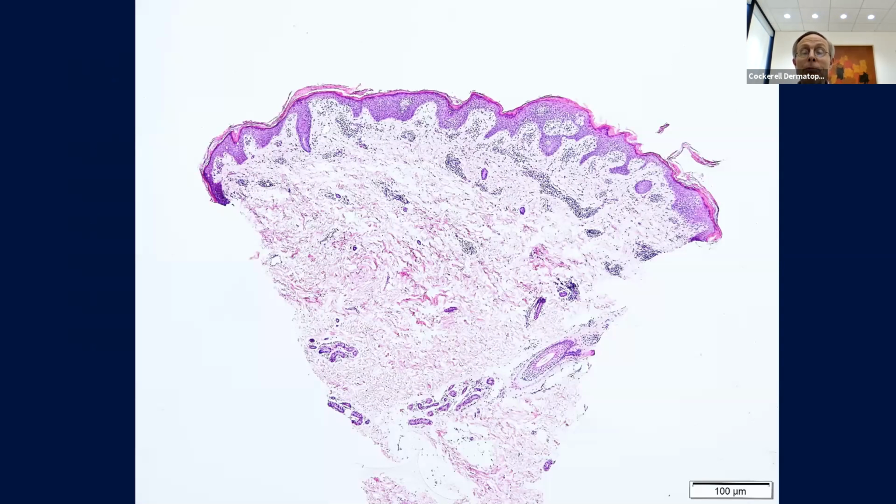Okay, another punch biopsy. Got a superficial, mostly perivascular infiltrate of lymphocytes, a little bit of epidermal hyperplasia, a little bit of spongiosis, and mounds of parakeratosis that are really, there's one mound, there's nothing, there's another mound, there's nothing, there's another mound, there's nothing. And those mounds do not contain neutrophils in them when we go to higher magnification.